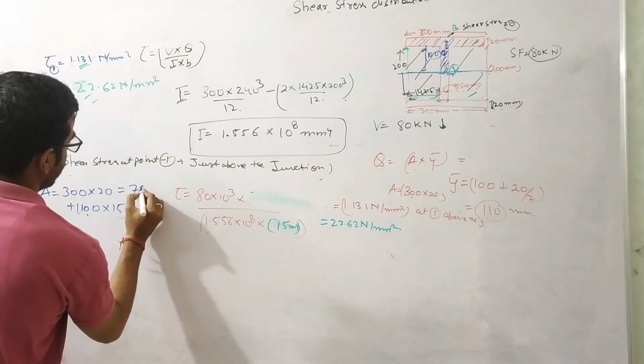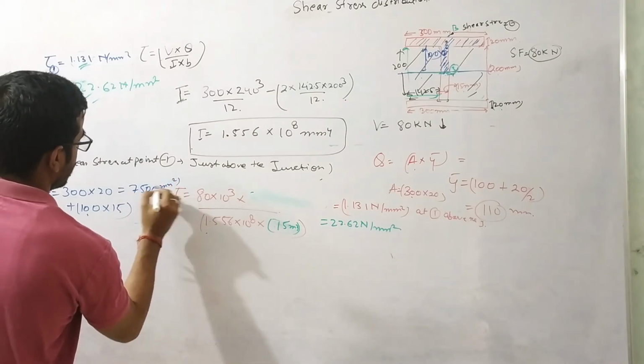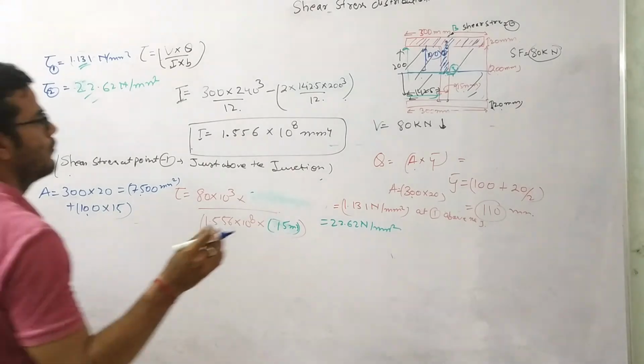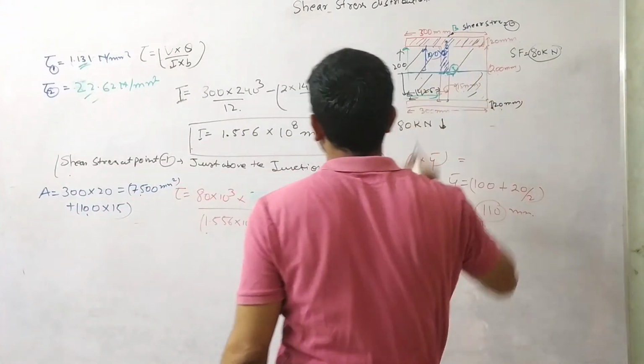It is coming out to be 7500 mm square. Now I need to calculate the Y bar for this portion.